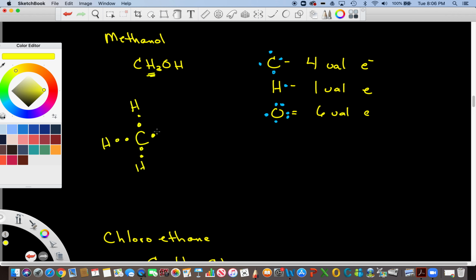Now I can't put another hydrogen on there because then there's no more free electrons. So I need to put the oxygen. So I'll put it in blue. Now if we look at this carbon right now has 8 electrons around it. We still have 1 more hydrogen to go, so we can put it right here.